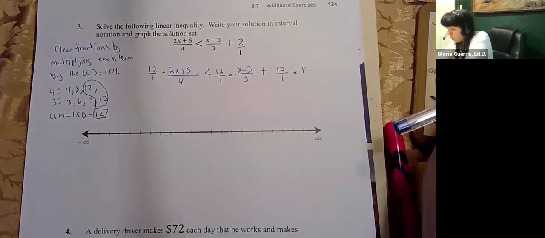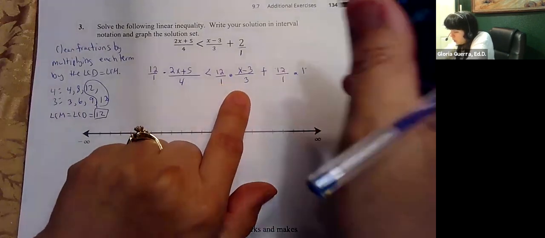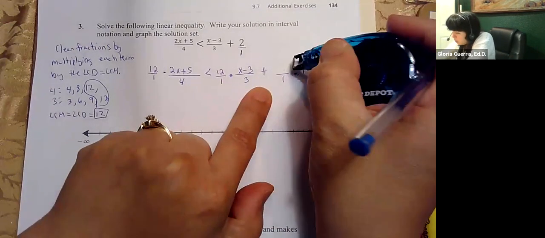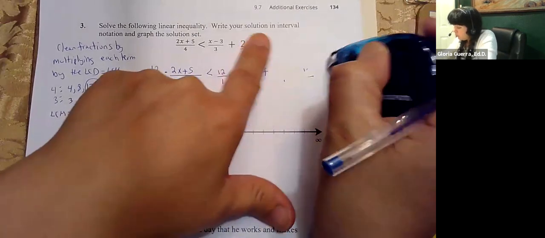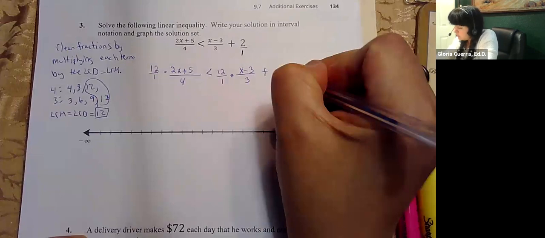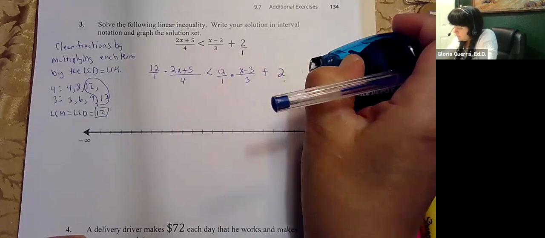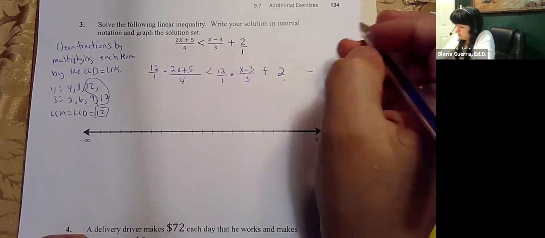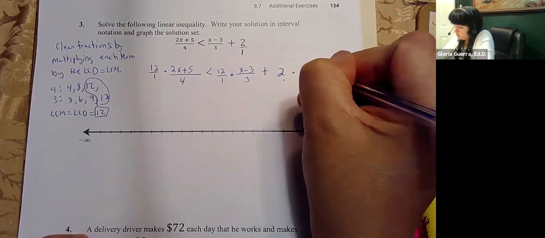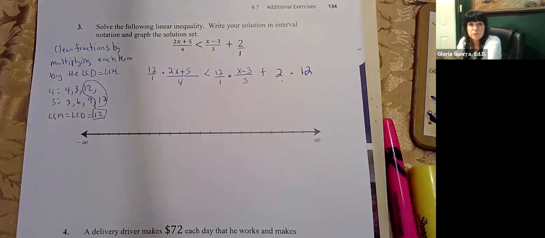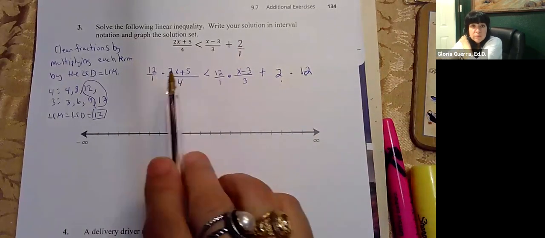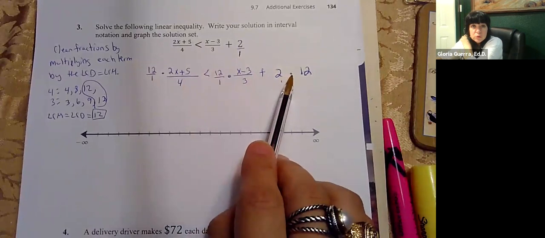This should be a 2. And I'm going to leave off the imaginary 1 underneath, since this one didn't have it. You can put it if you want to, but you can leave it off too. There's no harm in that. And I'm going to multiply that by 12, instead of 12 over 1, just 12. I'm multiplying this by 12, this by 12, this term by 12.